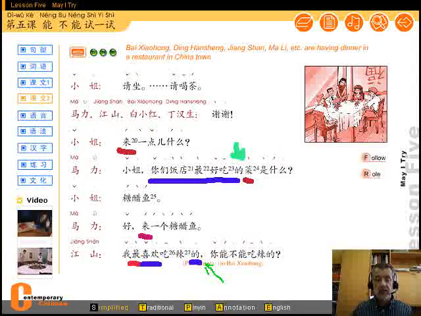So that could be, in its entirety, 我最喜欢吃辣的菜. But again, because in the context we know what Jiangshan is talking about, he can leave it out. And then he goes on and says, ask the others. I guess it's asking only one of the others because he uses 你能不能吃辣的?